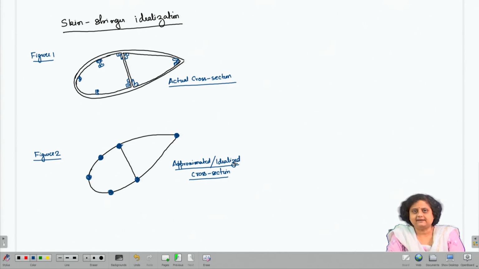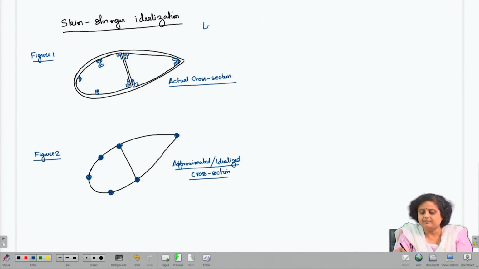Okay. As I said, it has longerons, it has several longitudinal members and it has a skin. Now, as we have discussed in the first week lectures, the stringers, longerons and spars, that is the longitudinal members, are mostly designed to take the direct stress or the normal stress.